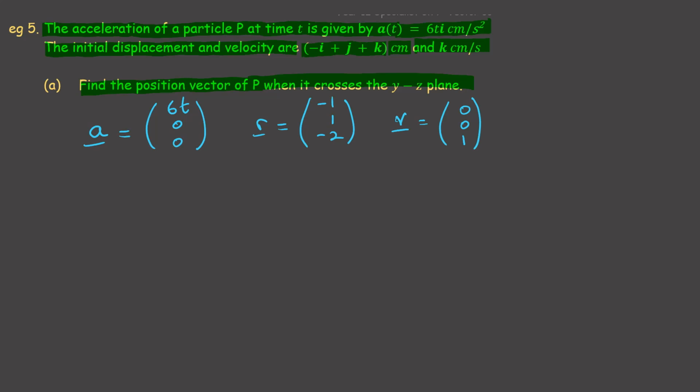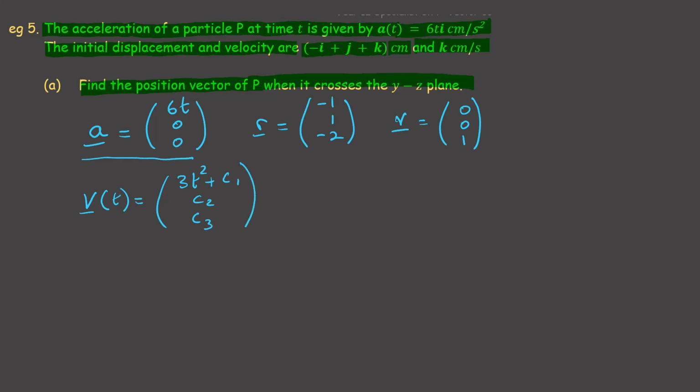So, velocity at time t is given by integrating the acceleration. For that, we're going to get 3t squared plus a constant. Then with the two zeros, we're just going to get constants, like so.